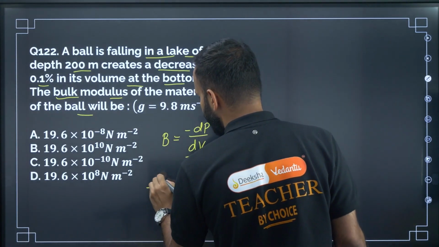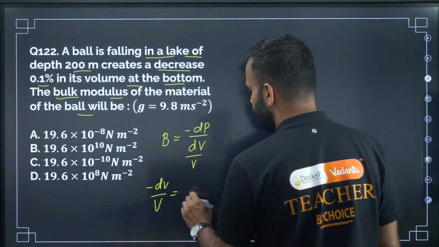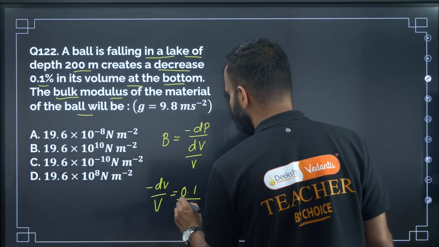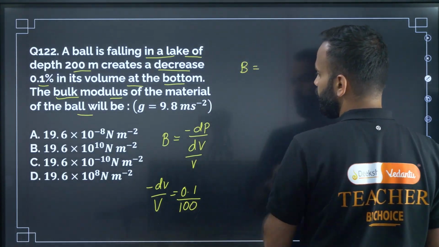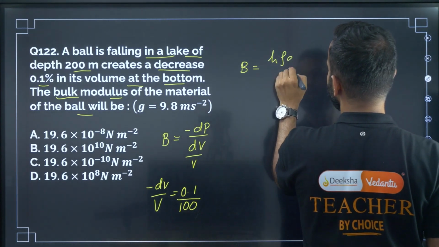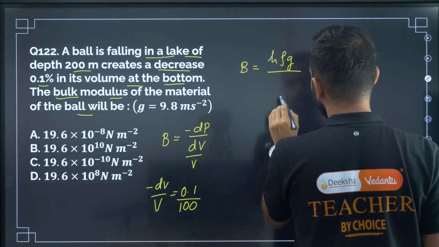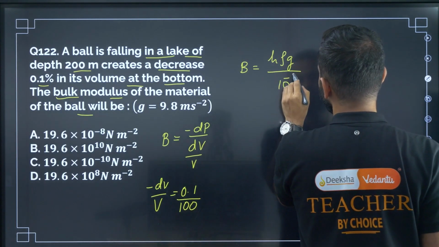So dV by V is the decrease in volume, that is 0.1%, which is 0.1 divided by 100. Bulk modulus B is equal to, here the change in pressure is h into rho into g. dP is h into rho into g divided by 0.1 by 100, that is 10 to the power minus 3.